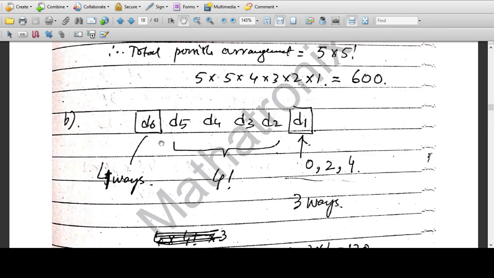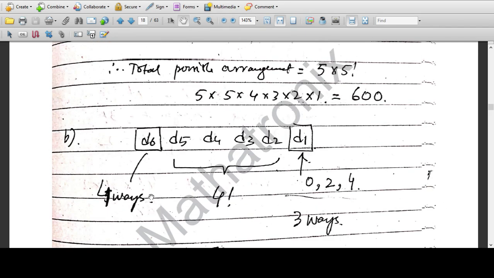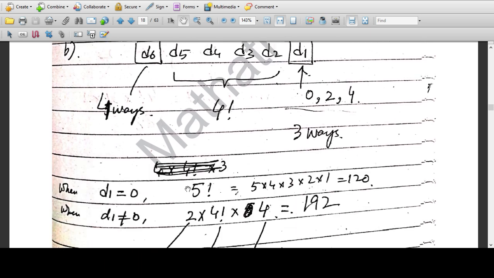So 0, 2, 4 may be placed at the last place. There are 3 ways, and the other digit has 4 ways, and the remaining 4 digits have 4 factorial ways, because D naught cannot be 0.